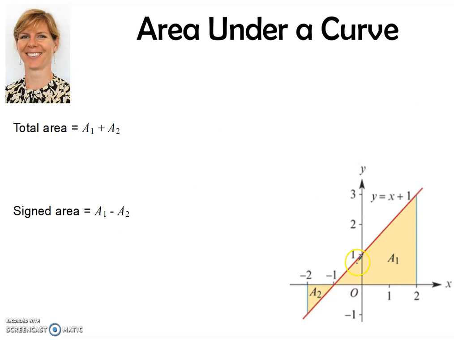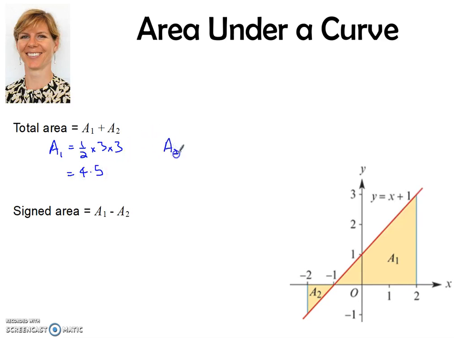So let's have a look. This is fairly straightforward, obviously, because we've got triangles, so easy to work out. It would be slightly more complicated if you had a quadratic or a cubic or something like that. So A1 is going to be a half of the base times height. Base is 3, height is 3, so we've got 4.5.